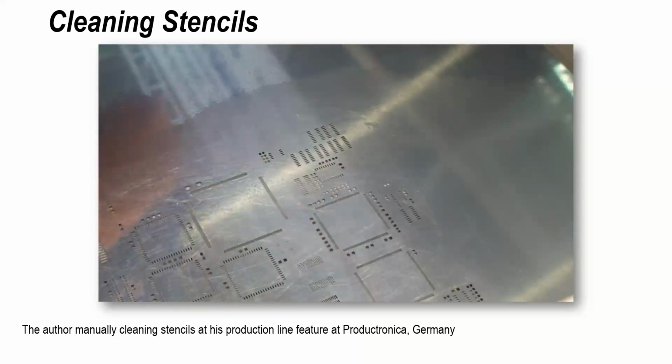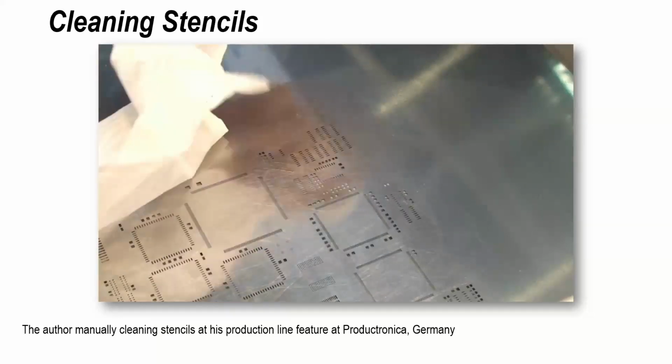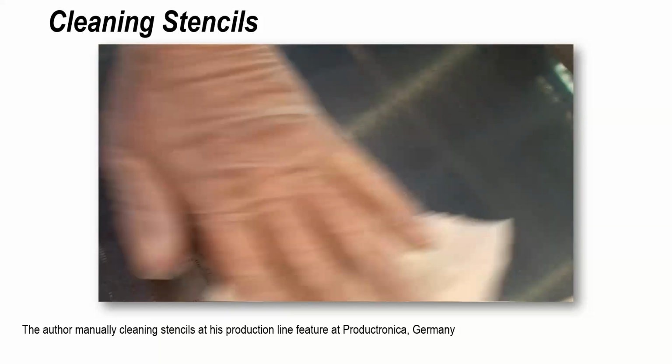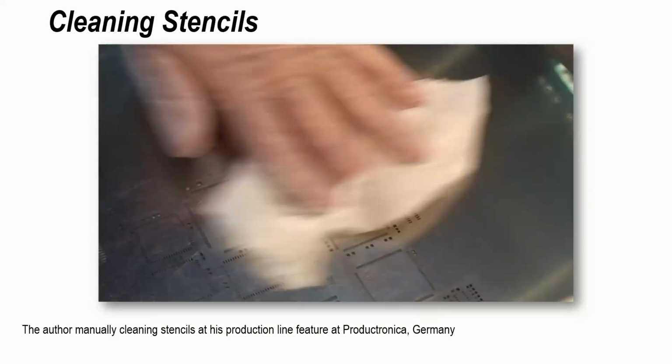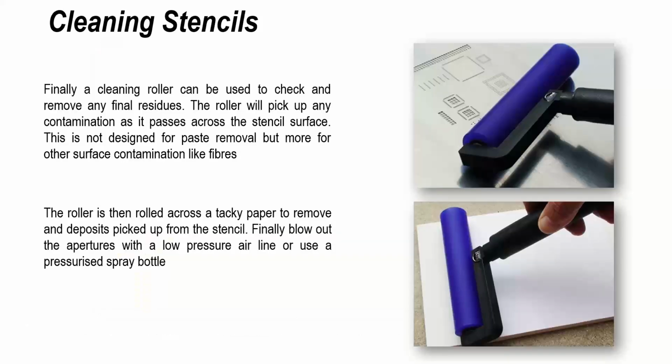So you're manually cleaning that, and then finally going over with a wipe, which may be a dry wipe, it might be a wet wipe, depending on the chemistry and process you're going to be using. So when you've done that, the key thing is making sure that the stencil is clean, it's not damaged in any way. All of the solder paste is removed from the apertures.